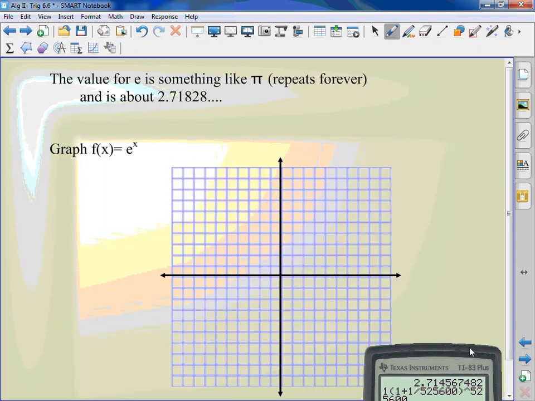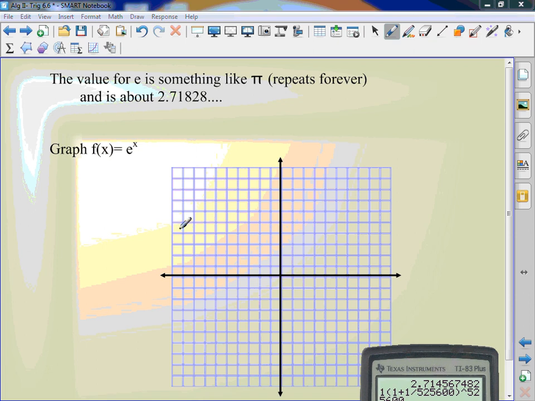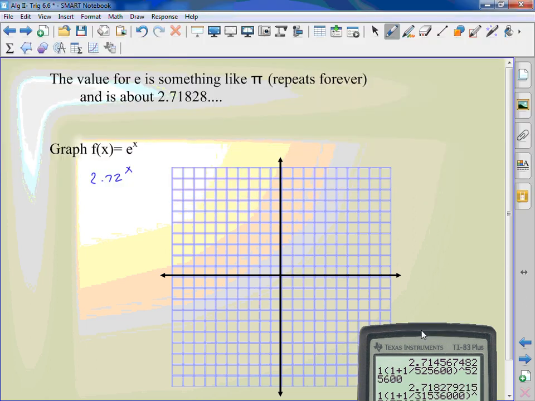If I graph E of x, that is pretty much saying 2.72 to the x power. How is my graph going to look? You should know. It's going to be something and then boom, like that.